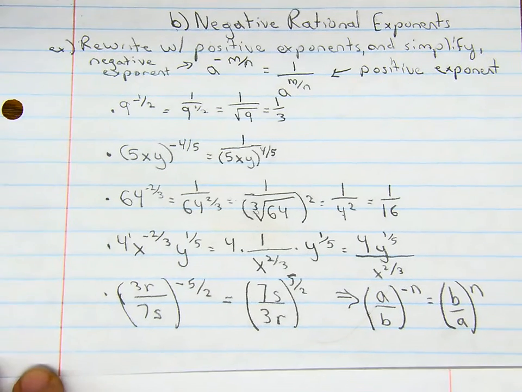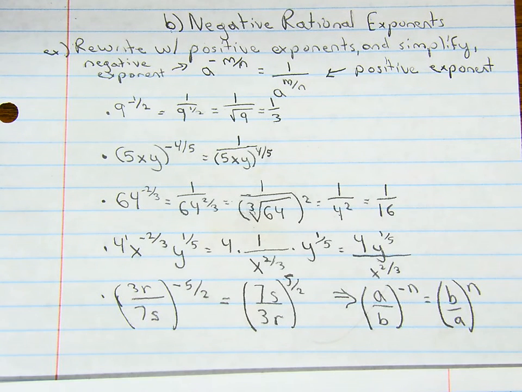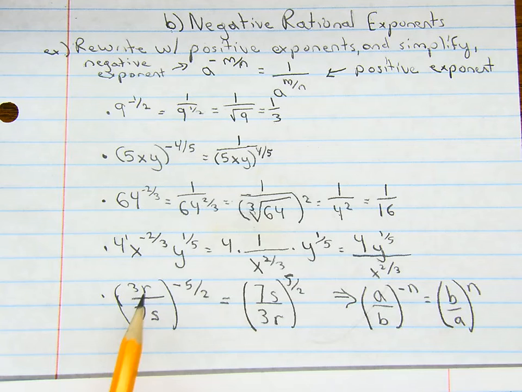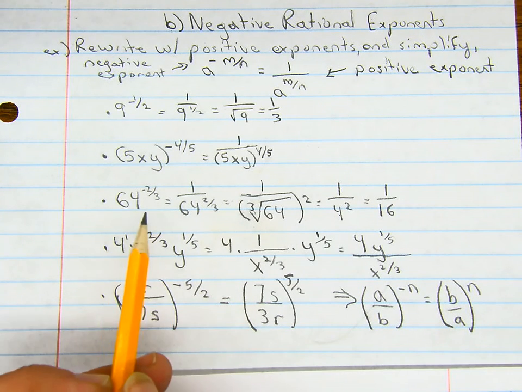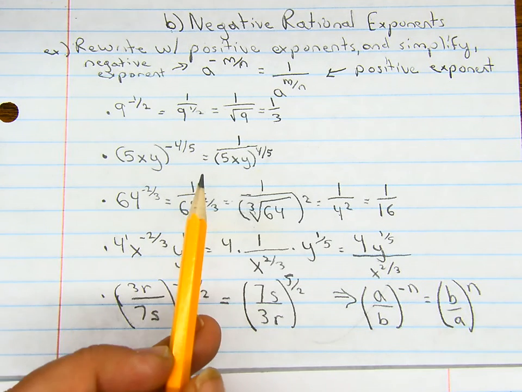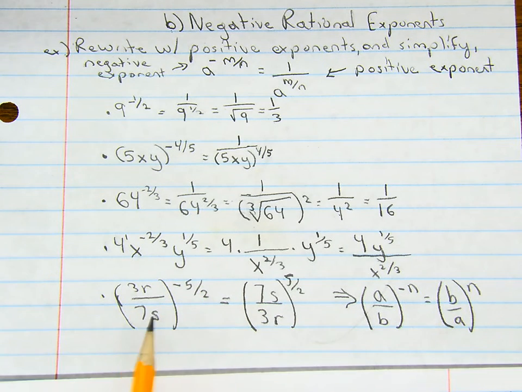So the last example of how you'll see this type of rewriting with positive exponents might be something that looks like this, where we already have a fraction with a negative exponent. And now here's the nice fun thing you can do: you flip it. Because the opposite of 64 over 1 is 1 over 64, and the reciprocal of a over b is b over a.